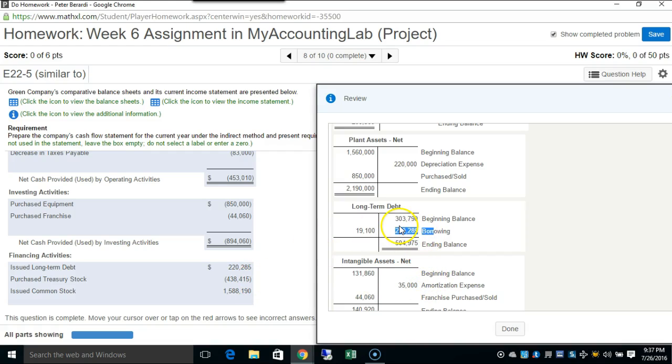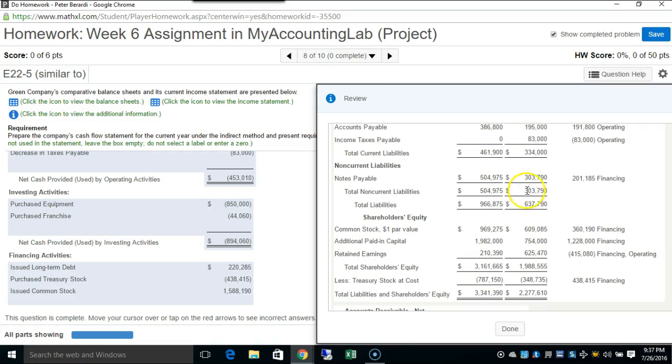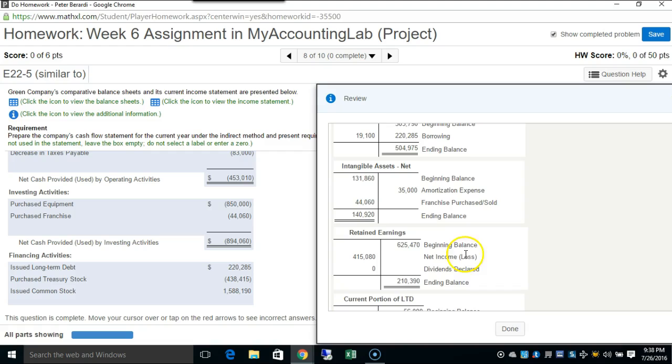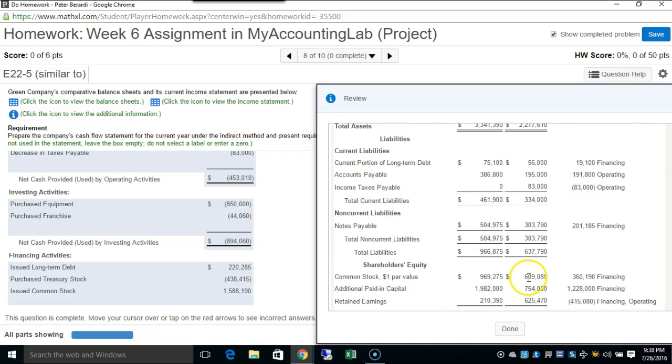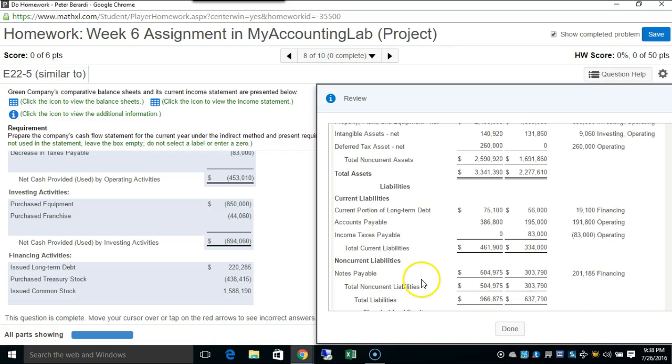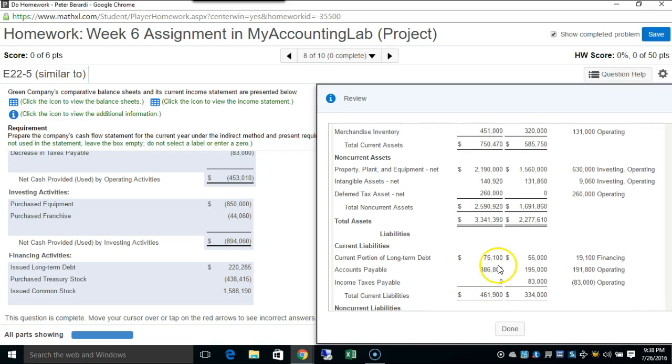So I'll let you look at this for a moment. You start with your beginning balance right off your balance sheet. You reduce it by your current portion of your long-term debt, because you moved that to the current portion, which is right here.